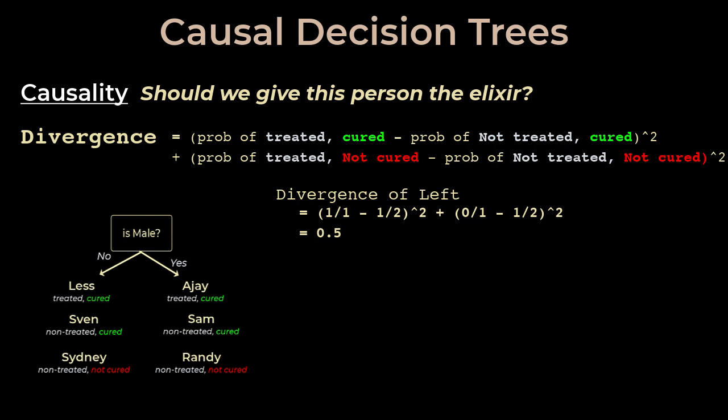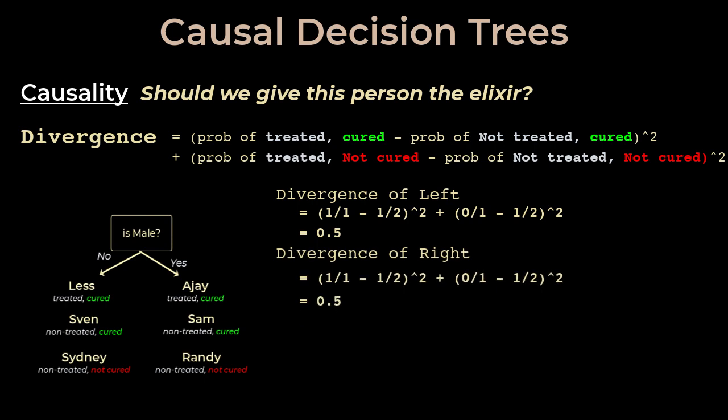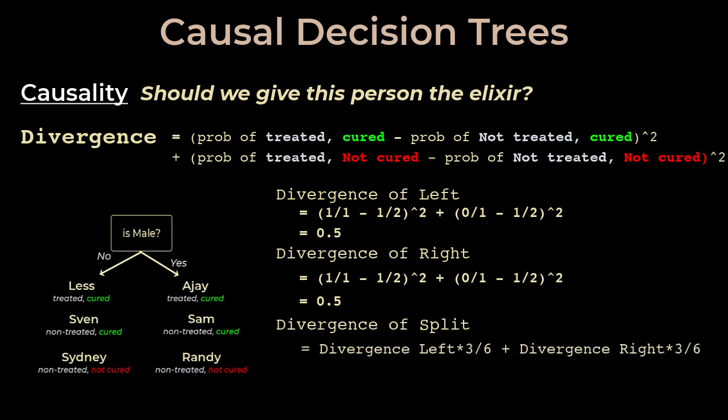Now similarly, we also write out the divergence of the right node in the exact same way. And now, like we did before when we were doing the Gini index of the split, the divergence of this split will be the weighted average of the divergence of the left and right nodes, and the weight will depend on how many samples there were in that split.